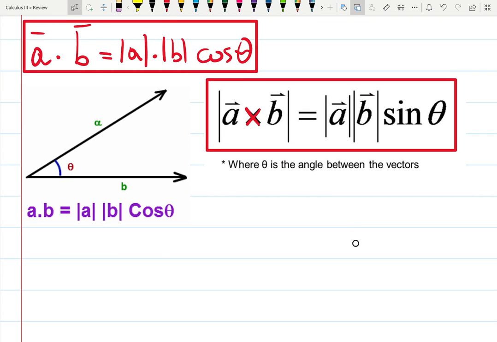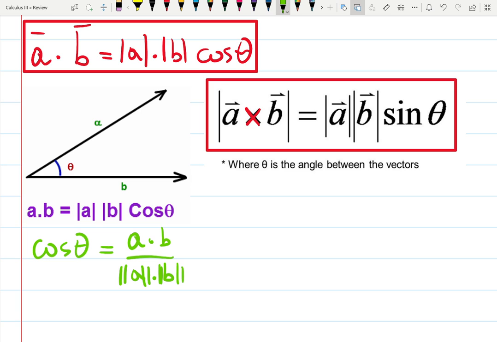Some students memorized that you need to find cosine theta, which is A times B over A times B. But at the denominator, there will be a magnitude, which you can show with 1 or 2 bars. But I don't like using only 1 bar because it looks like absolute value. 2 bars is actually better.